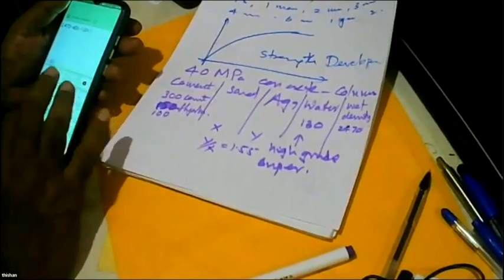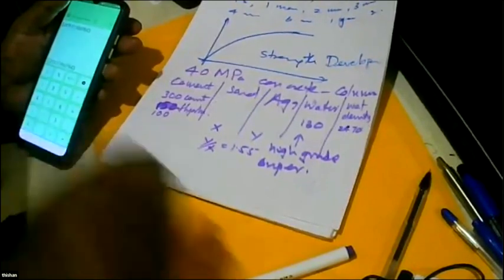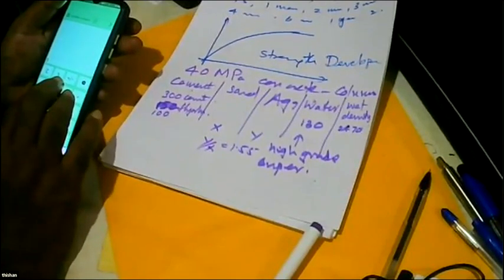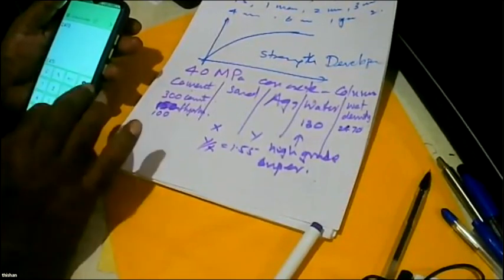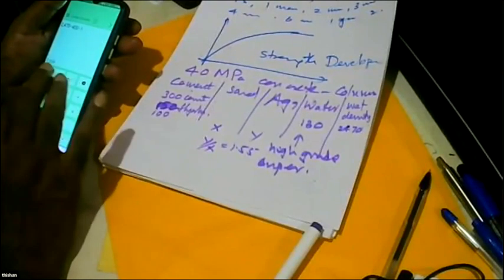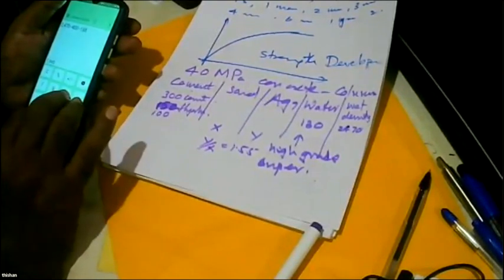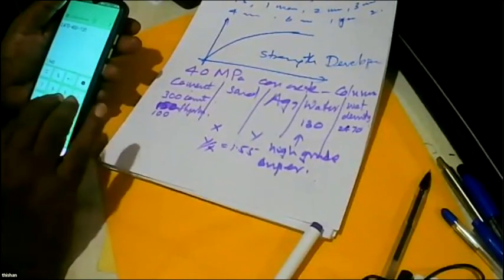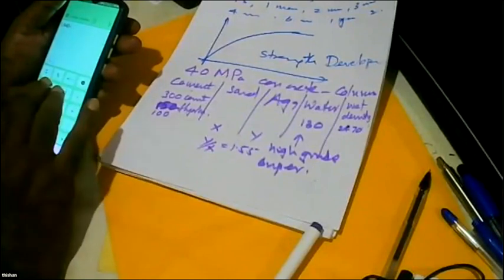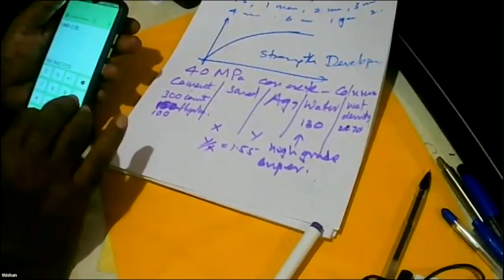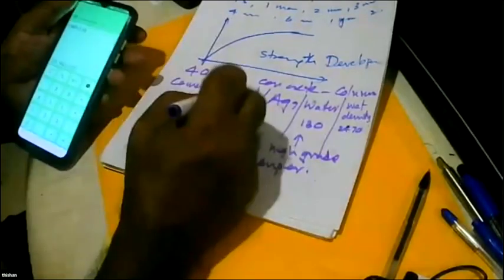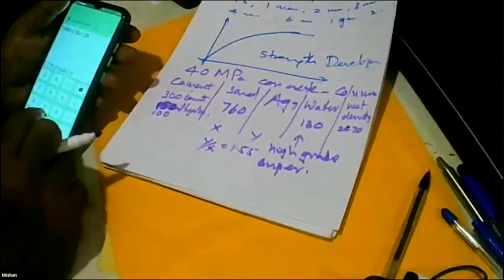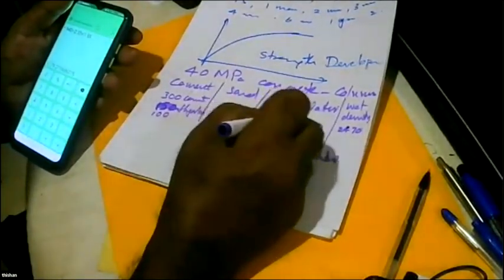So I'll divide by 2.55. 2470 minus 400 minus 130 is 1940. Divided by 2.55, 760. And multiplied by 1.55, 1180.